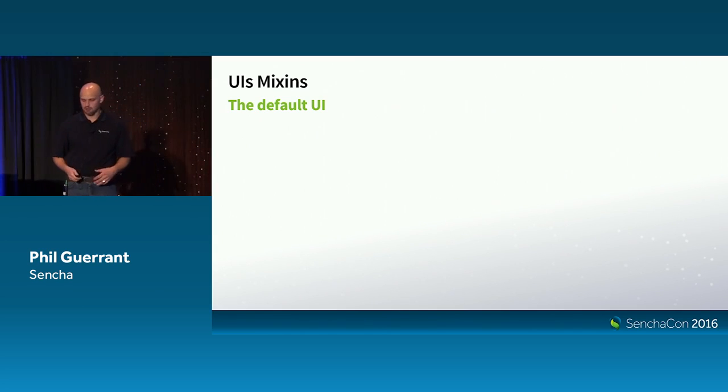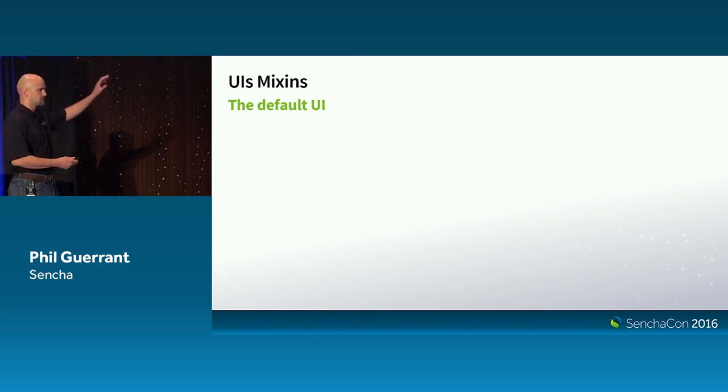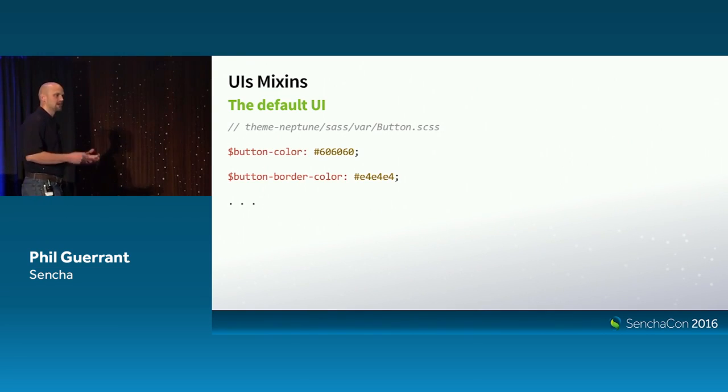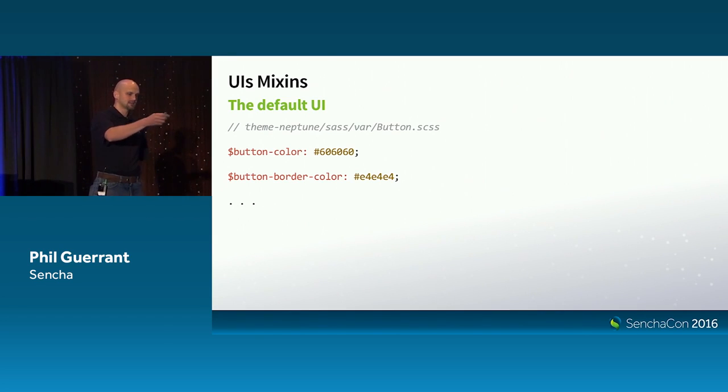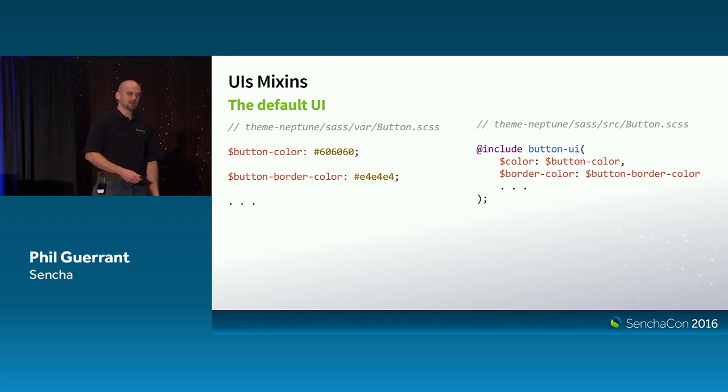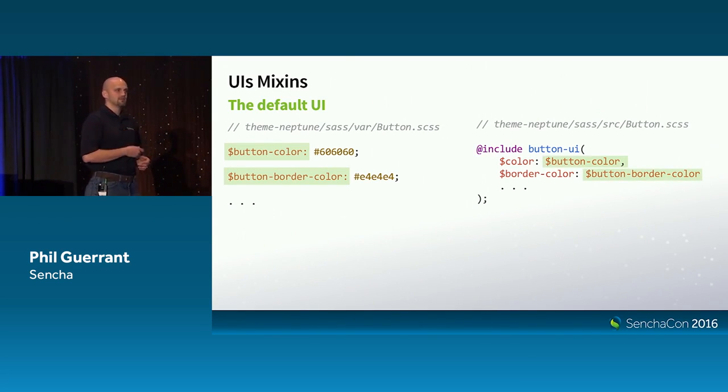So internally in the framework, we leverage this to create the styling for the default UI. So remember how I showed you the gray button. The way we generate that in the framework is we have all these global variables that you can see in the docs, and then we invoke the button UI mixin, passing each and every one of those along as the values for this invocation.